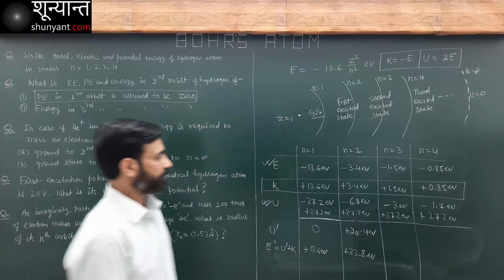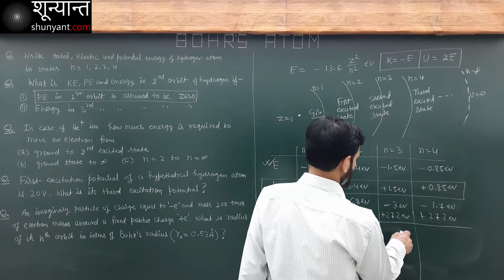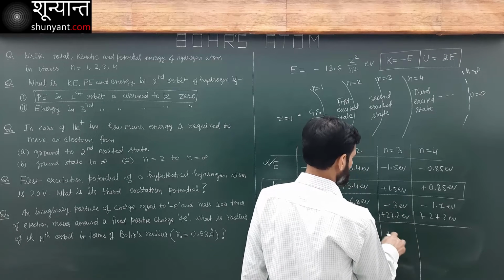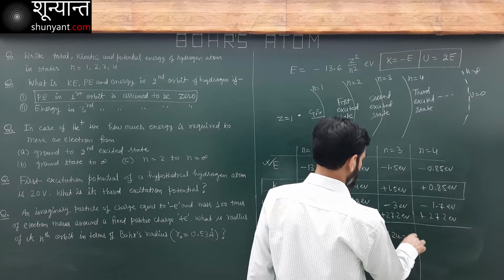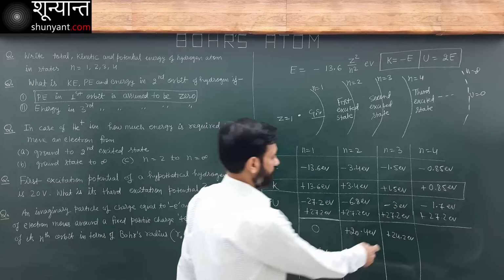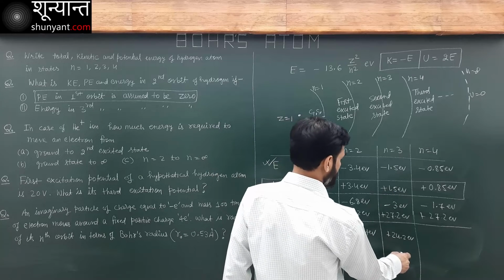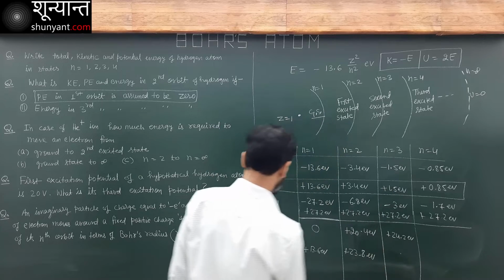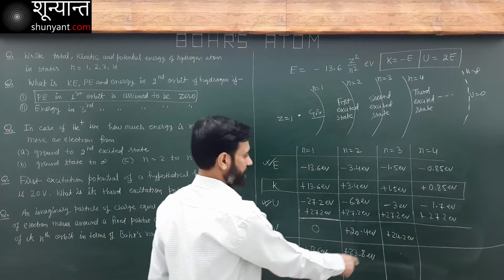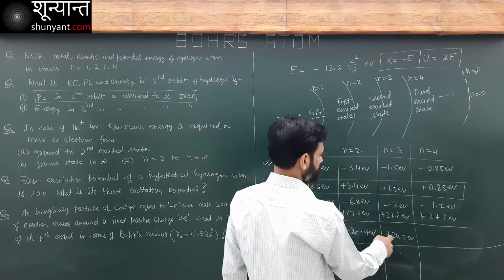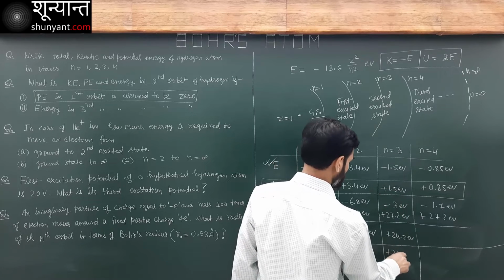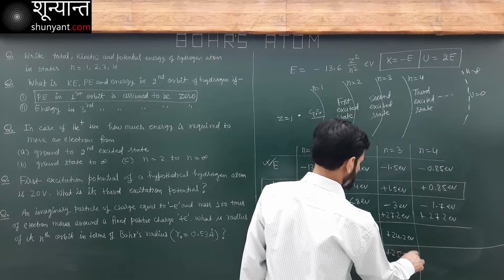Now here this becomes minus, okay, no. So plus 24.2 electron volt. 24.2, and when I add it with the kinetic energy, this is my total energy here. This becomes this plus this. So 25.7 plus 25.7 electron volt.